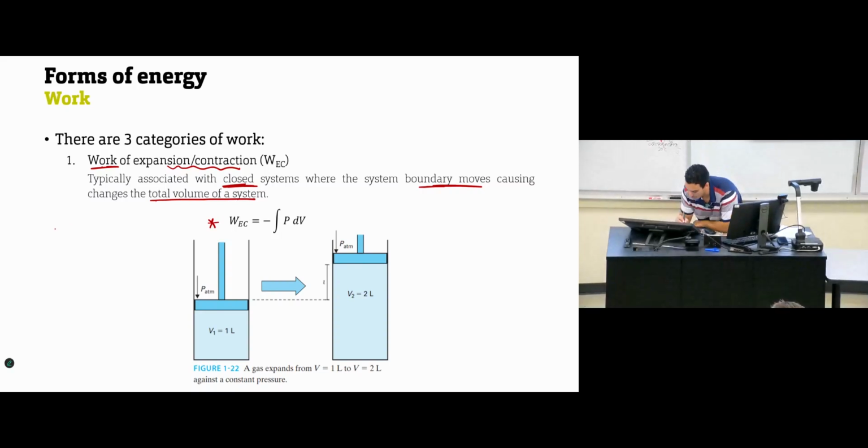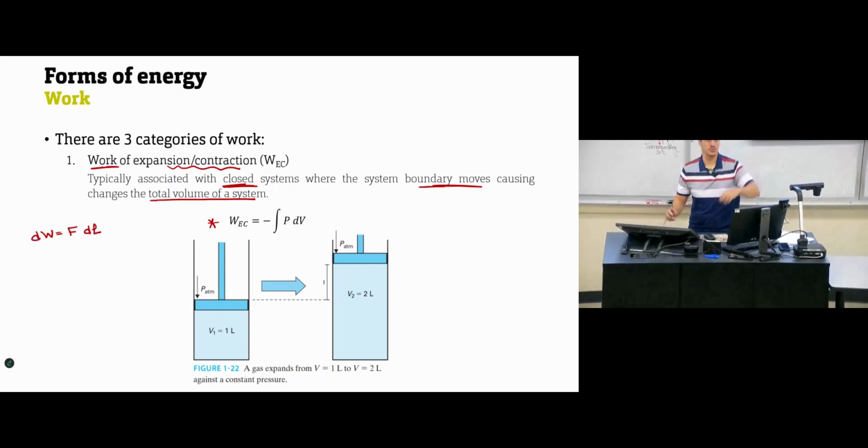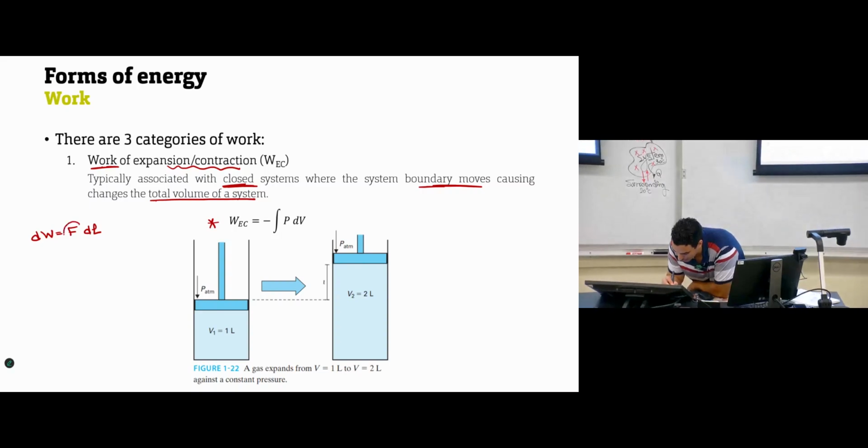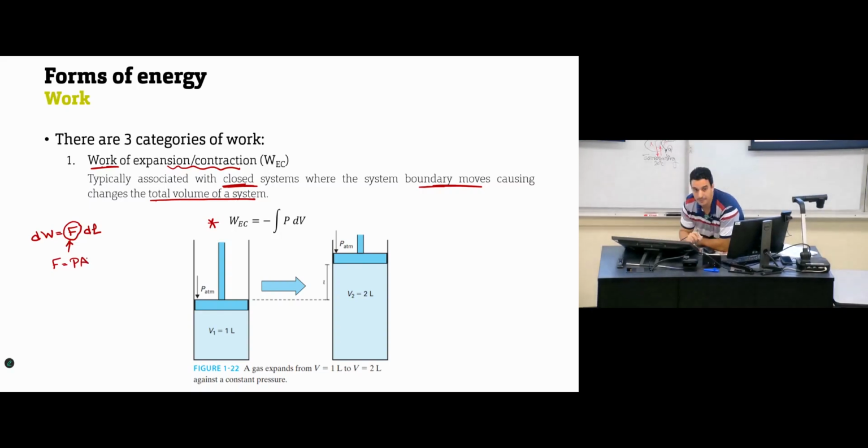So where does this come from? If you remember, we have work, dW equals F dL, the general equation of work. We said that force can be related to pressure: force is pressure times area. So dW is P A dL.